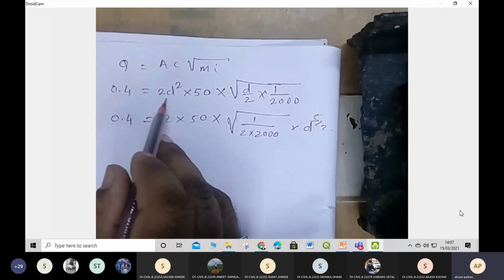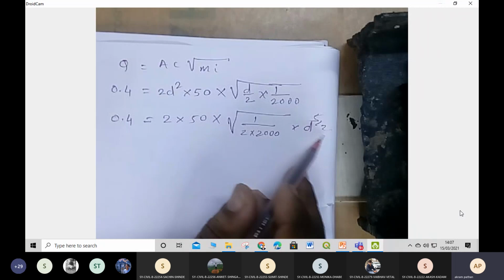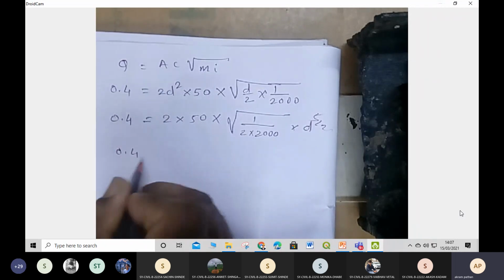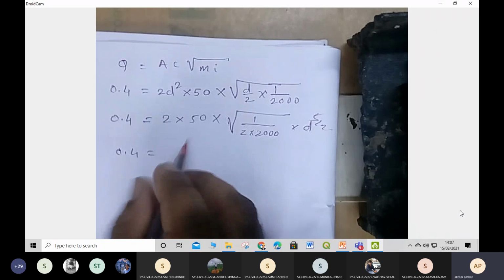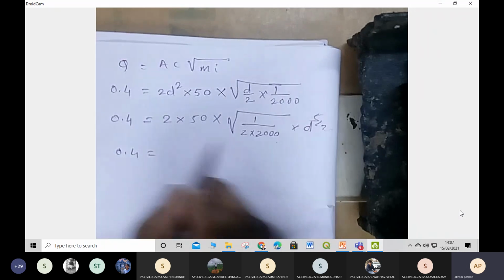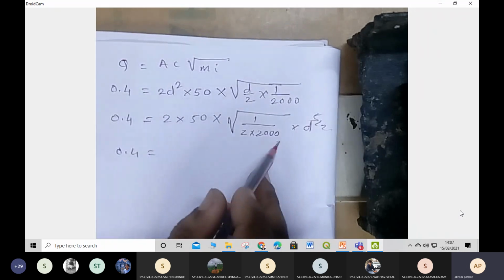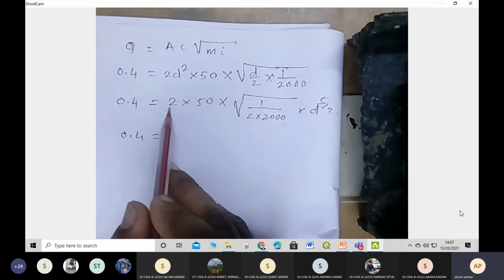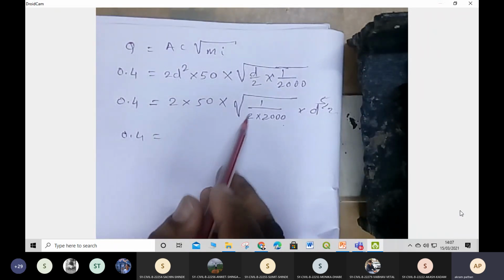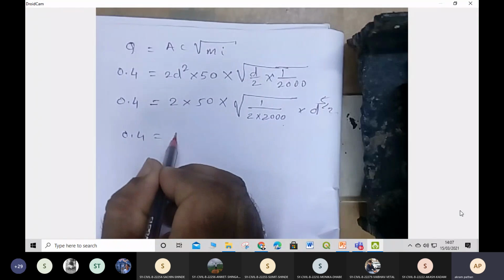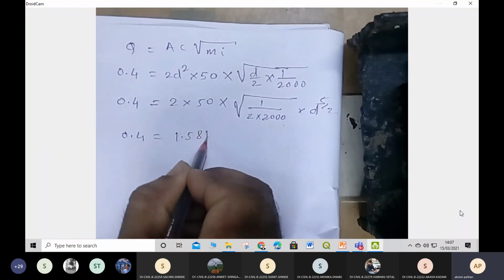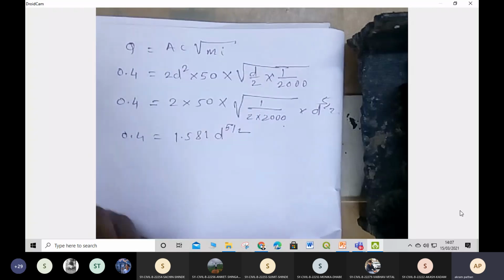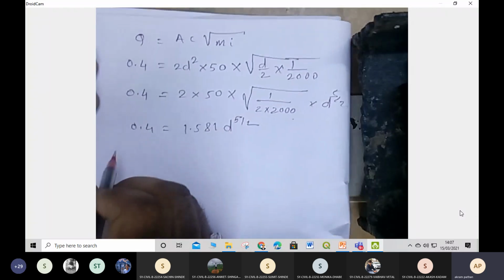So this is the simplified equation. Then 0.4 after simplification. Can anybody tell me the value of this? 2 into 50 into under root gives 1.581 d raised to 5 by 2.